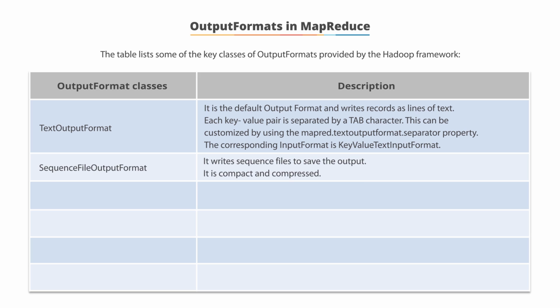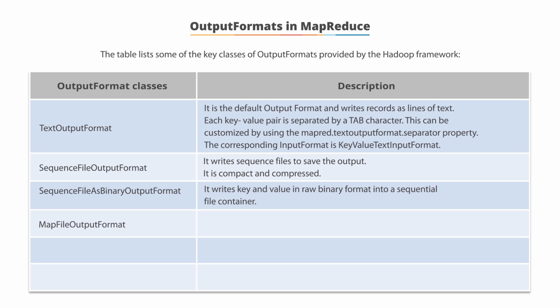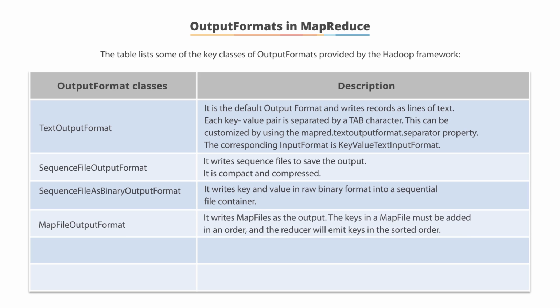SequenceFileOutputFormat writes sequence files to save on output space. This represents a very compact and compressed version of normal data blocks. SequenceFileAsBinaryOutputFormat is responsible for writing key-value pairs that are in raw binary format into a sequential file container. And MapFileOutputFormat writes map files as the output.